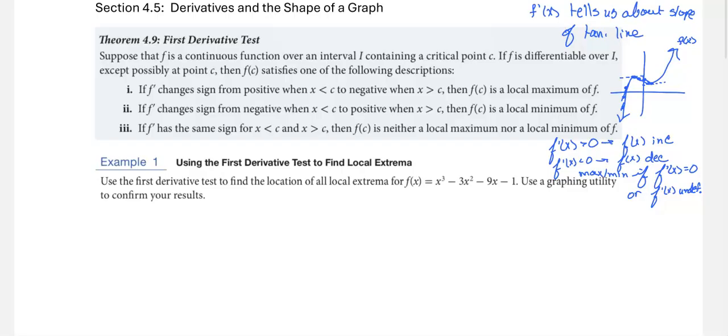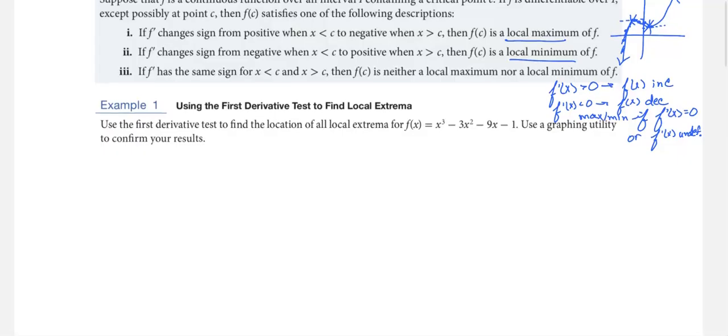If the sign changes from positive to negative, which is what's going on in this piece of the graph here, from positive slopes to negative slopes, so we're increasing and then decreasing, then at that point of change we're going to have a maximum value. If we go from decreasing to increasing, then at that point of change we're going to have a minimum value.